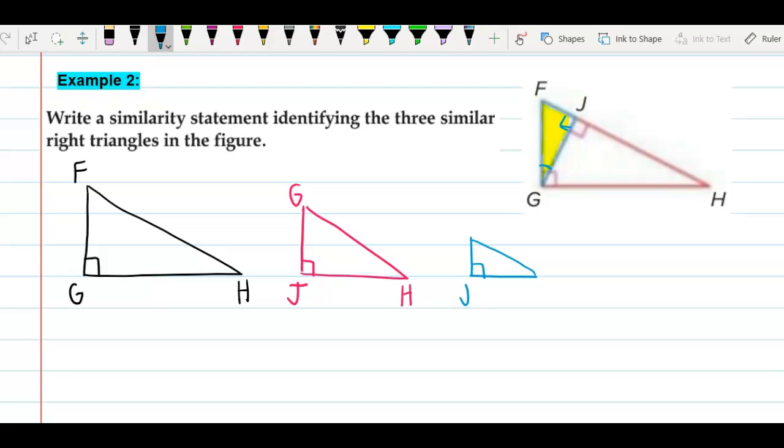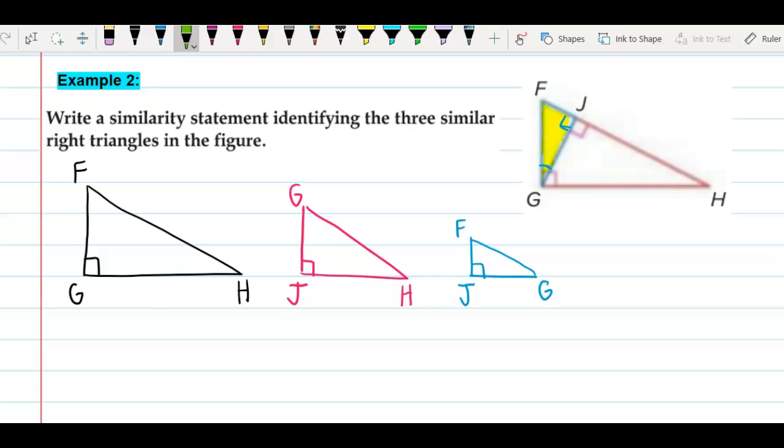So J would be my right angle. Then my shorter side going up from J would be F. FJ is definitely shorter than JG. And then my last vertex is G. So you don't have to write these out. Once you get the hang of this, you can just visually look at the triangles. But if you need to write them out, you're more than welcome to write these out every time.